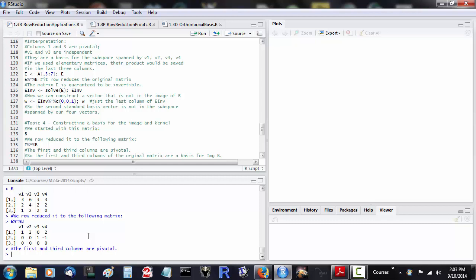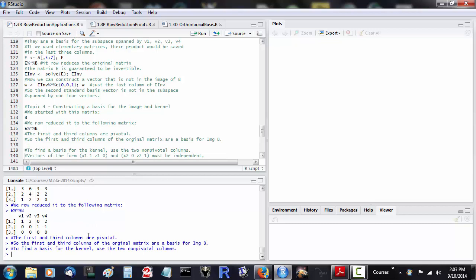Just look at the pivotal columns, V1 and V3. That tells us that the first and third of the original columns are linearly independent, and they form a basis for the image. What's harder is finding a basis for the kernel.